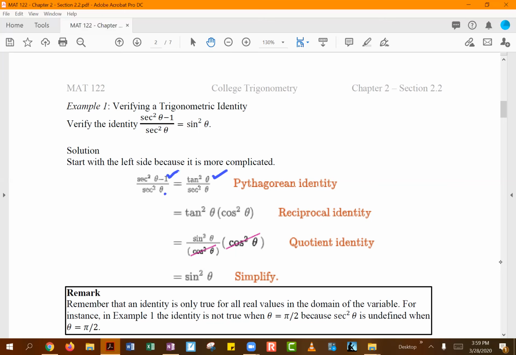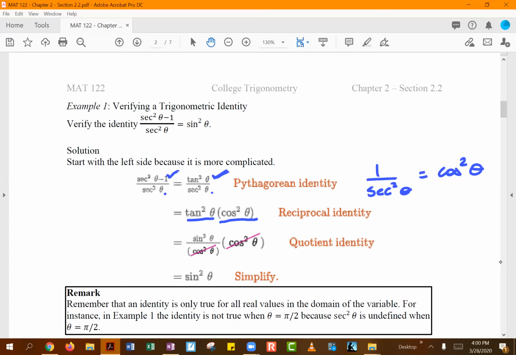And then the denominator, we're keeping the same. Okay? Then the next thing we're doing, we're keeping this tangent squared of theta as it is. This is coming from our numerator. But now we are using the reciprocal identity, which is 1 over secant squared of theta is equal to cosine squared of theta.